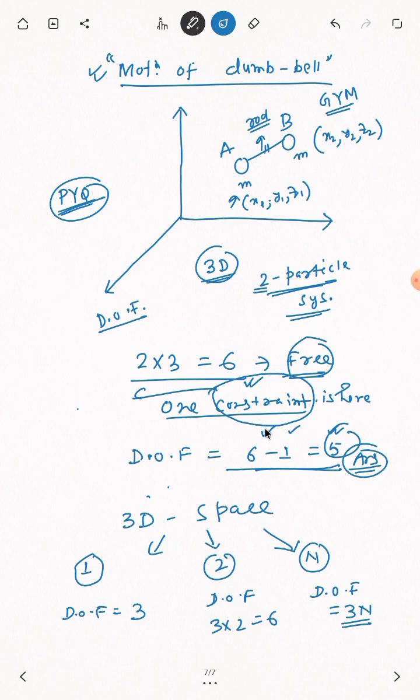So when constraints are there, it may be that the system has more than one constraint. So in general, the number of constraints is denoted by a single small letter k. So finally we have arrived at the most important result.